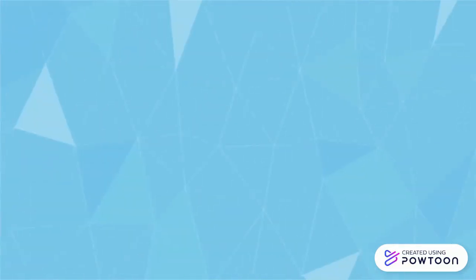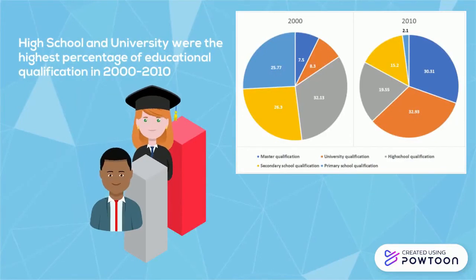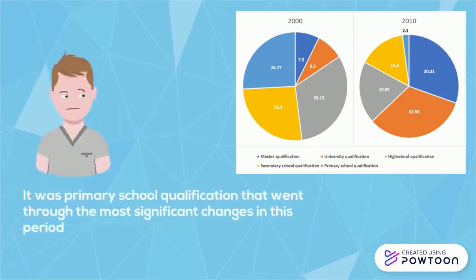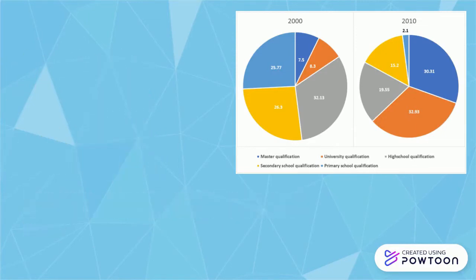High school and university, respectively, were the highest percentage of educational qualification in 2000 and 2010. It was primary qualification that went through the most significant change in this period. In the following paragraphs, I would like to explain the major features in detail.